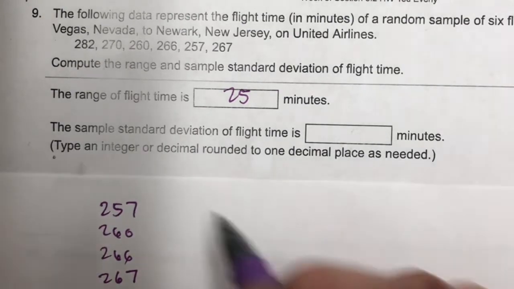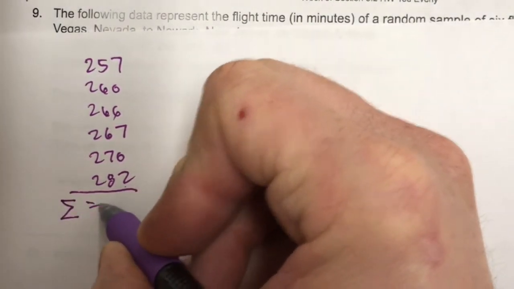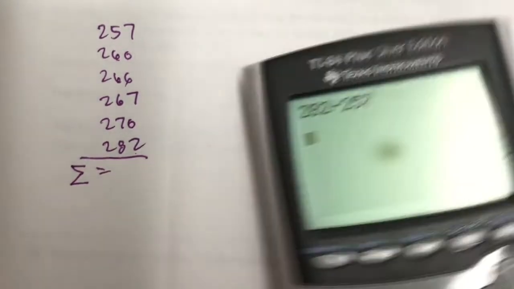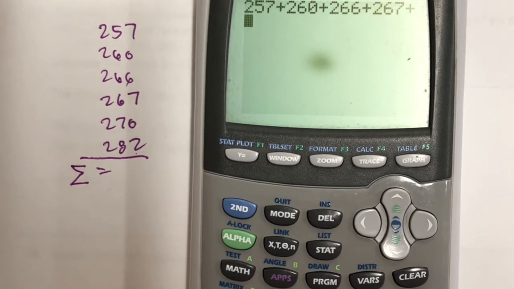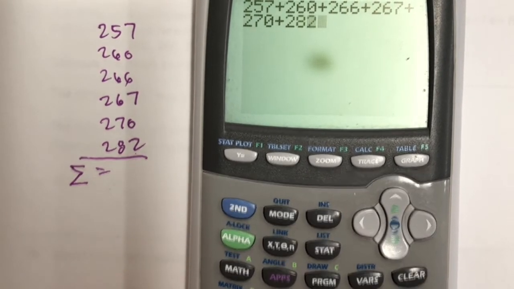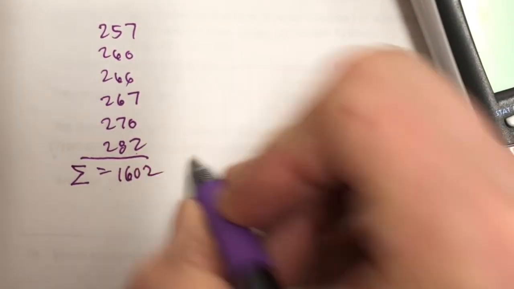All right, so now it says find the sample standard deviation. So what we're gonna do is we gotta find the mean of those. So here's my sigma. To find the mean of those, let's add them up. 257 plus 260 plus 266 plus 267 plus 270 plus 282, and I got 1602. It's probably good to do them twice.